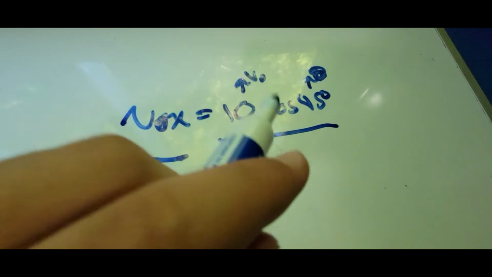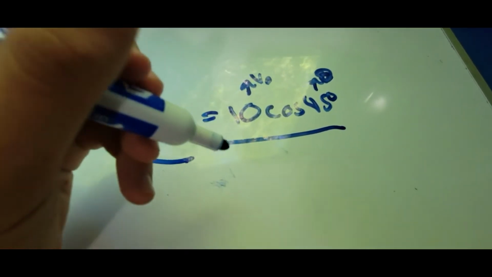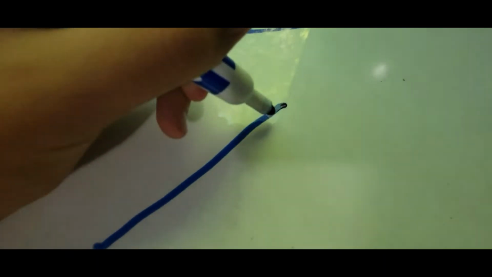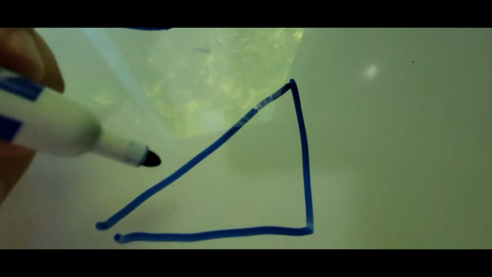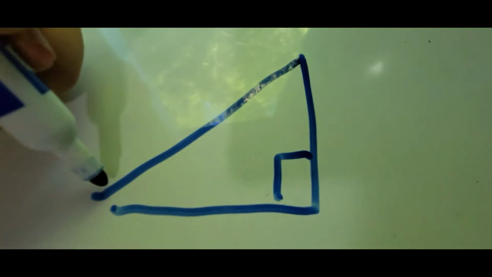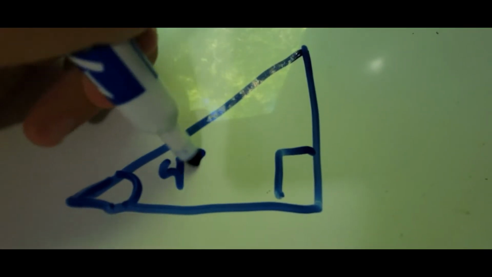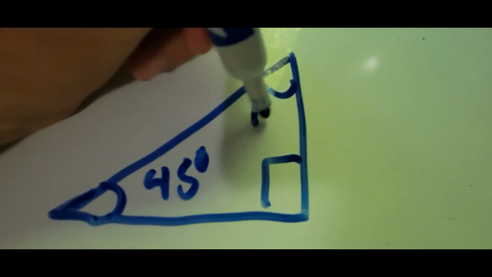Now, what's the cosine of 45 degrees? Well, I could just use a calculator, but ideally, I want to figure out cosine of 45 degrees on my own using a 45-45-90 triangle. Now, a 45-45-90 triangle is a triangle that you should memorize, and it has an angle of 90 degrees and an angle of 45 degrees for the other two angles, and it's a right angle triangle.